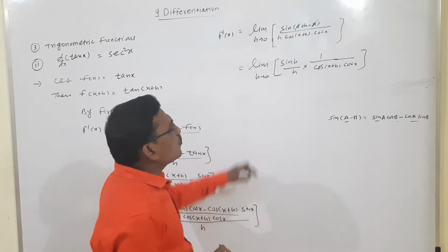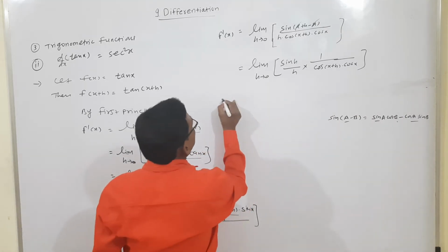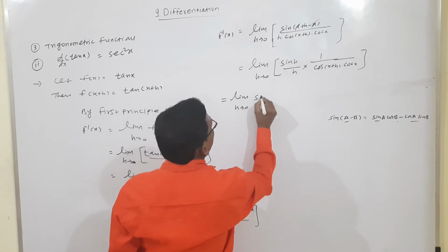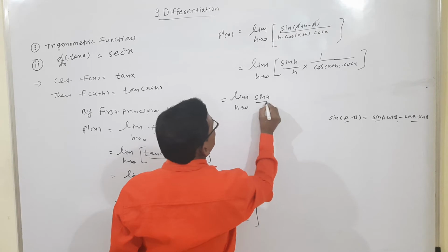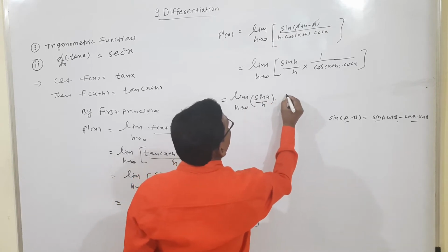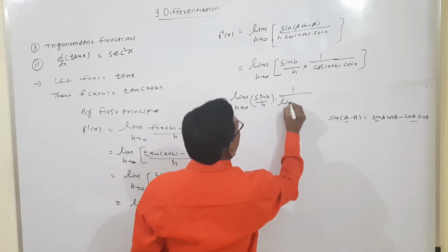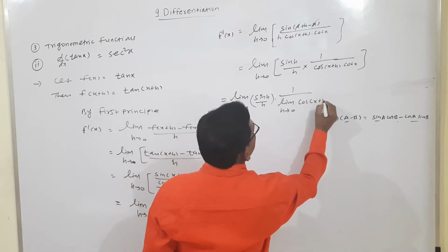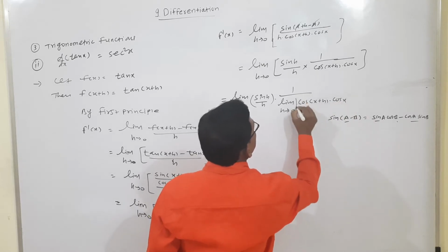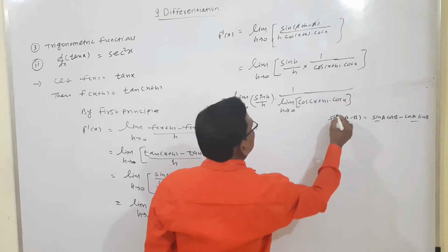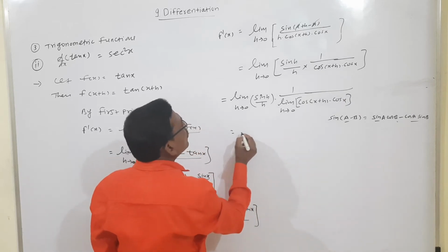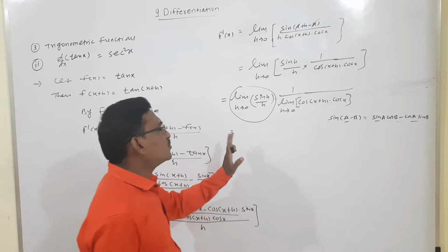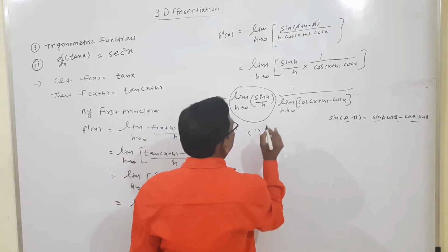Now we apply the limit separately here. It is equal to the limit as h tends to 0 of sin h upon h, into 1 upon the limit as h tends to 0 of cos of x plus h into cos x. This first part is nothing but 1, because the limit of sin theta upon theta as theta tends to 0 is 1.